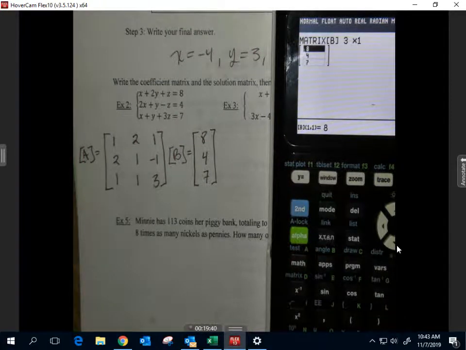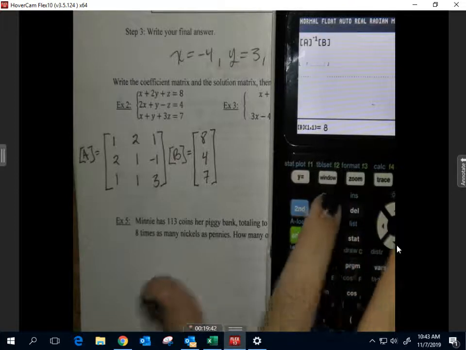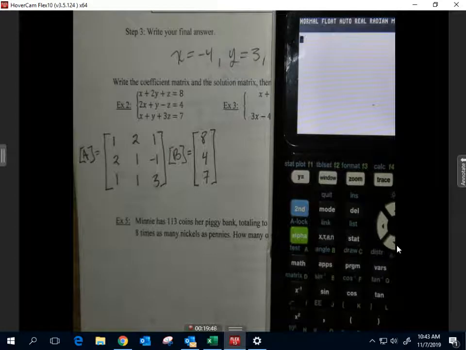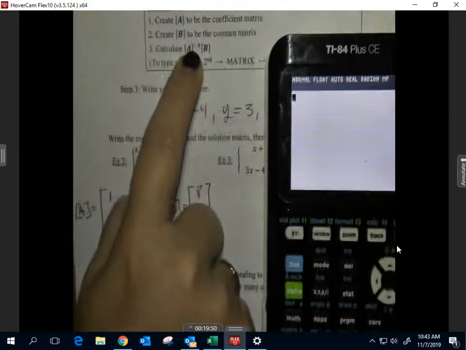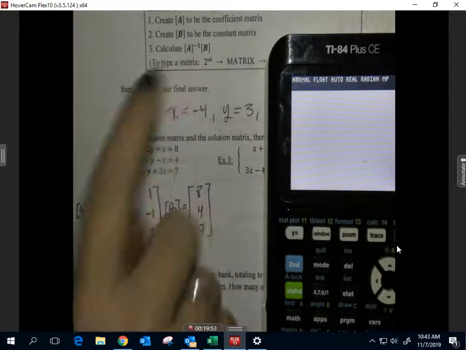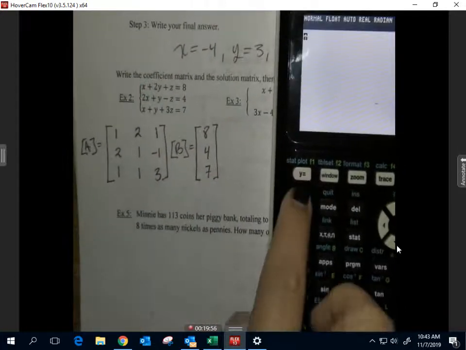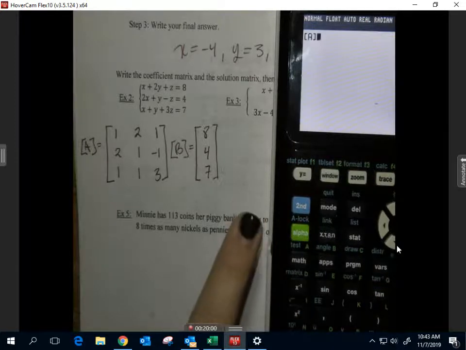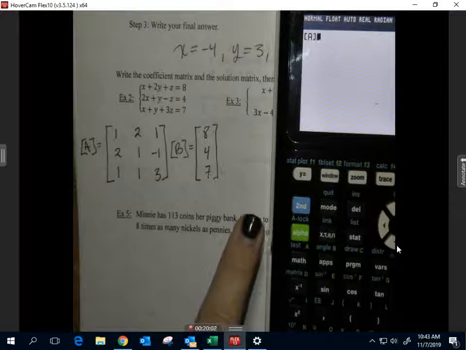Alright, now we're at the point to solve. So hit second mode. Let's clear that screen. So we're doing what it says right here. We want it to look like this on our screen so we can solve it. So we're going to hit second, inverse button, 1. It should say matrix A up there.